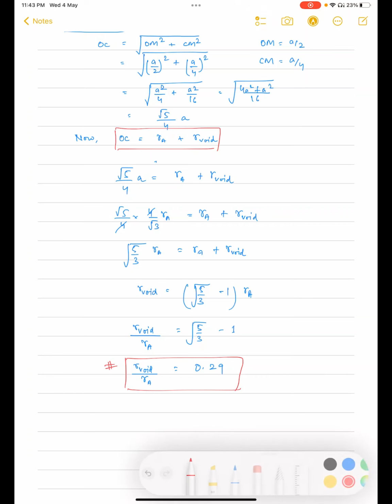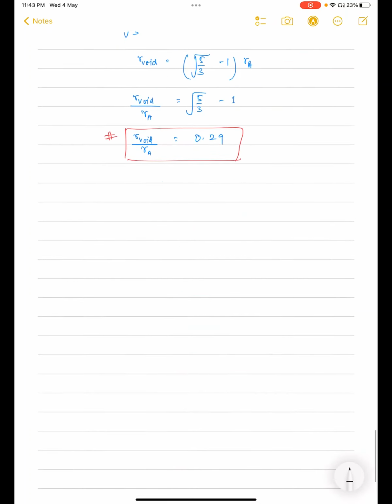Now to summarize the entire thing, let us make a table. Crystal, void type, number of voids per unit cell, and R void by RA ratio.